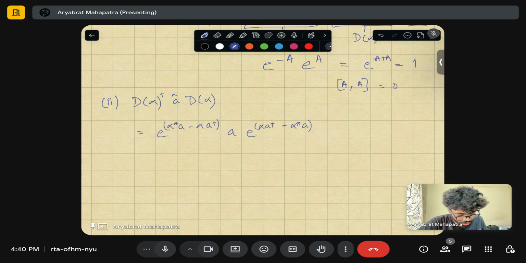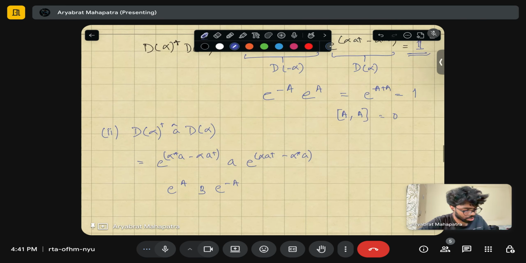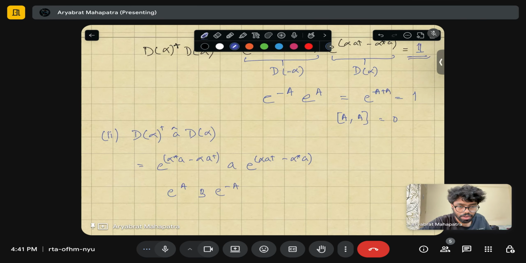So you see, this is something of this form: e to the power A times B e to the power minus A. Again, this is coming out to be some kind of exponential power of operators or matrices, and whenever you have this kind of situation, remember to think about BCH rule.